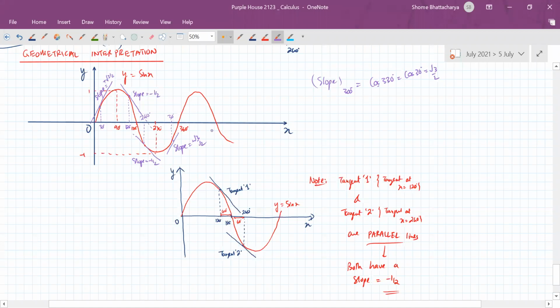So, sir, the slope at sine 60 will be negative of the slope at sine 120, right? Yes. For the sine graph, the slope at 60 will be negative of the slope at 120. Like that, the slope at 30 is negative of the slope at 150, which we haven't drawn here.